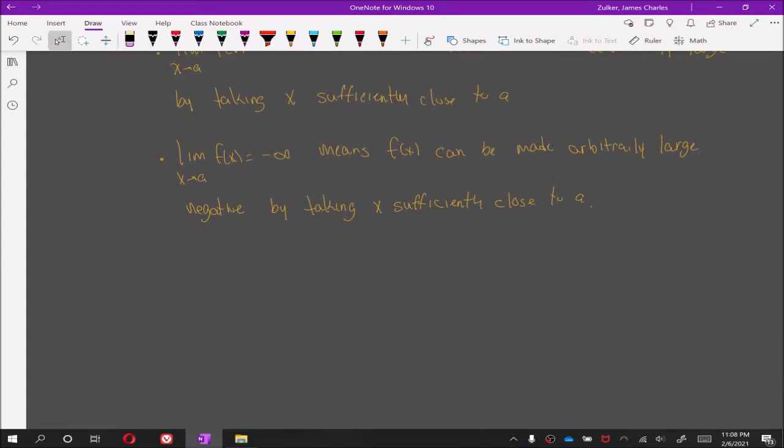Now with this, we can formally define what is meant by a vertical asymptote. So if any of the following conditions are satisfied, then x equals A is a vertical asymptote for f of x.